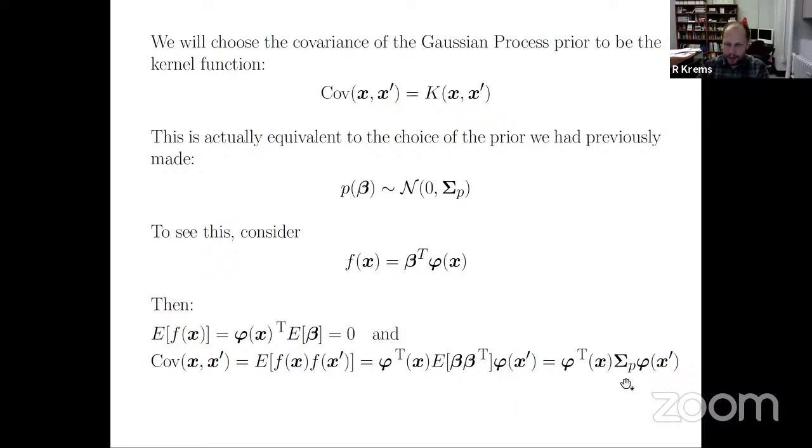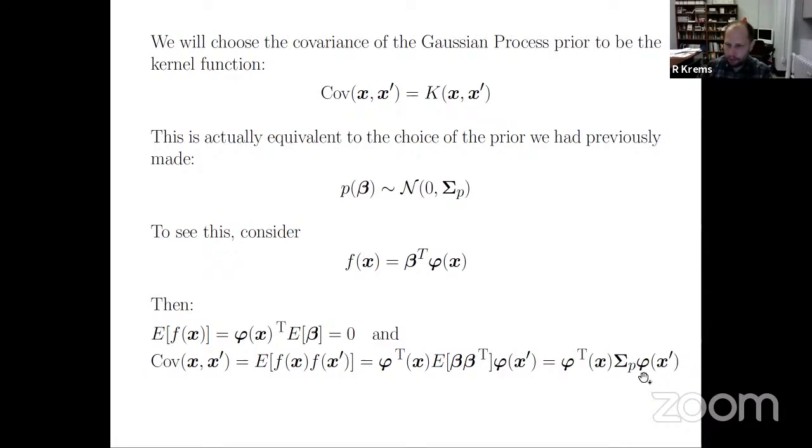First of all, we have freedom in the choice of sigma p, so we could choose it to be the identity matrix. If this were the identity matrix, then you can easily see that this is our kernel function, right? Because this is our feature map from the input space to a high dimensional Hilbert space, the feature space.